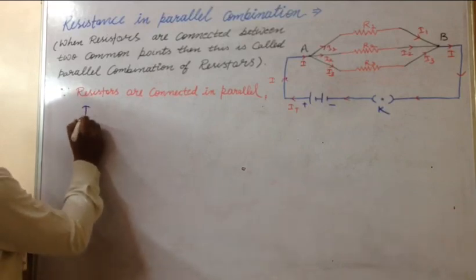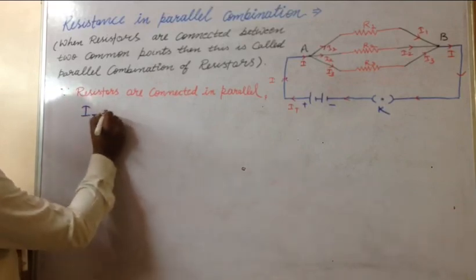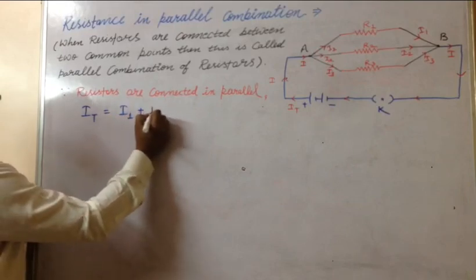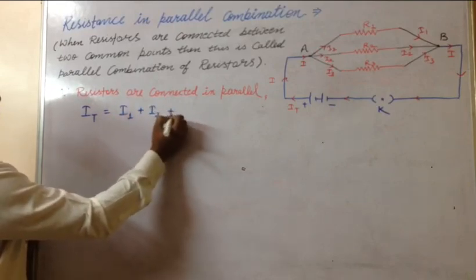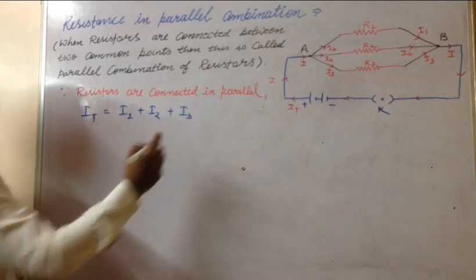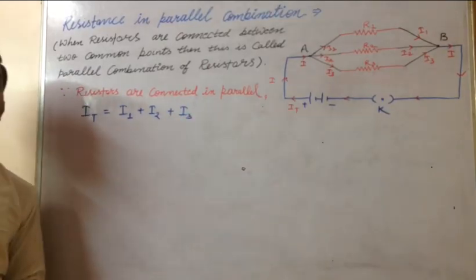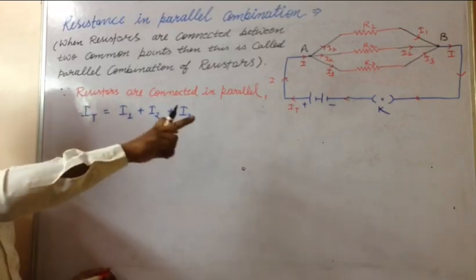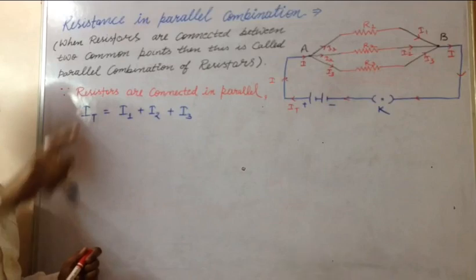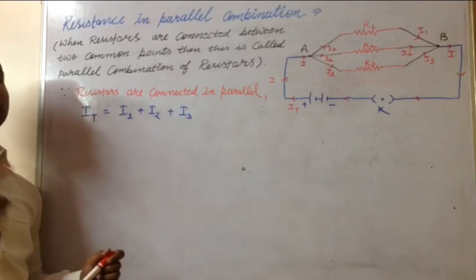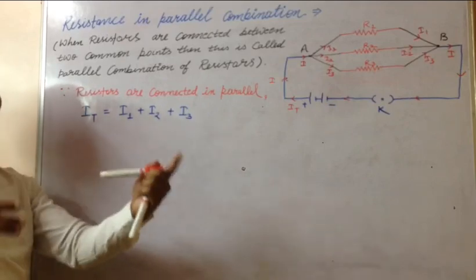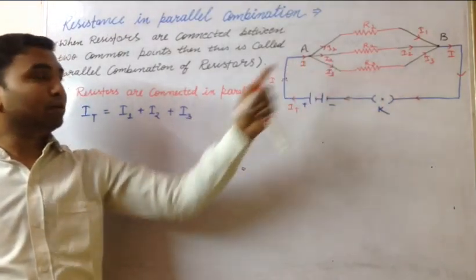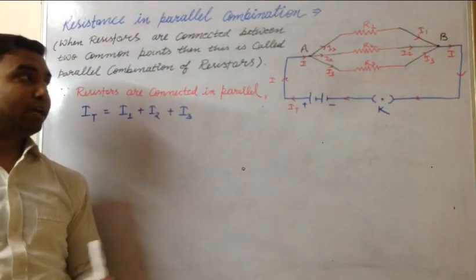I equal to IT equal to I1 plus I2 plus I3. Remember, when resistors were connected in series, what did we take at that time? VT equal to V1 plus V2 plus V3, because the potential difference was divided. But here what is dividing? Here current is dividing. Okay, clear?